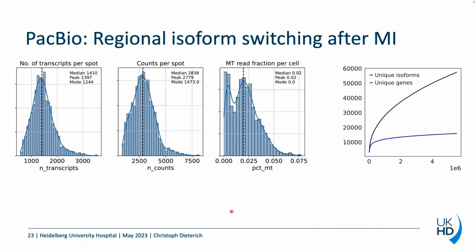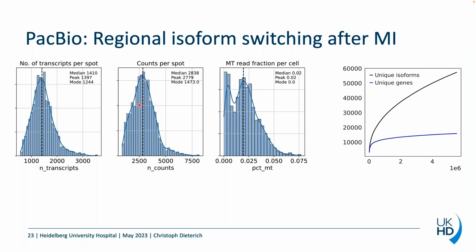Again, doing the kind of statistics that we're interested in: how many transcripts do we get per spot, and how many observations do we have per spot, meaning long reads. You see that the median is about 1,410 for the number of transcripts, and for the counts we are close to 3,000.